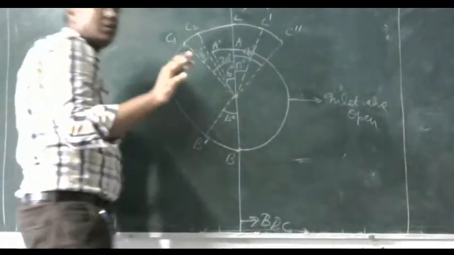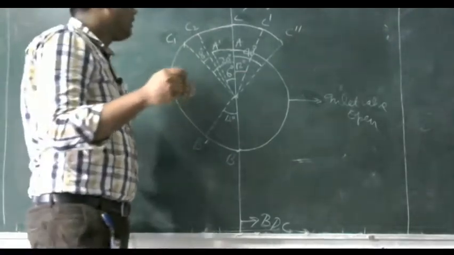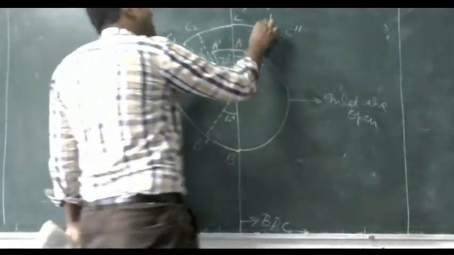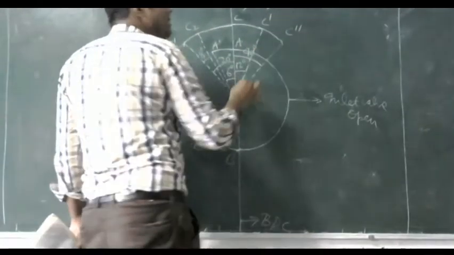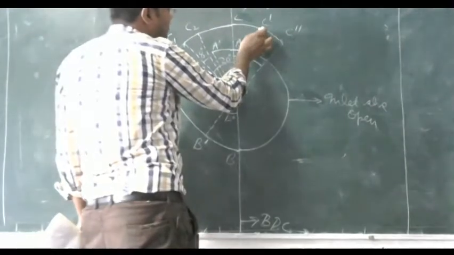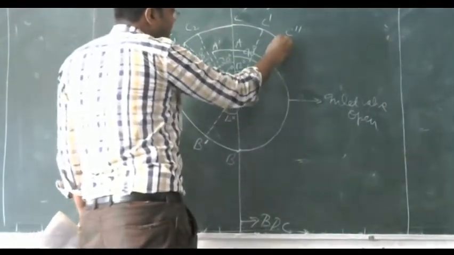I told you that combustion is a chemical process, so it will take some time to start as well as to stop. At point C dash, we have stopped the sparking, but combustion is not stopped here. Combustion is stopped after some point.